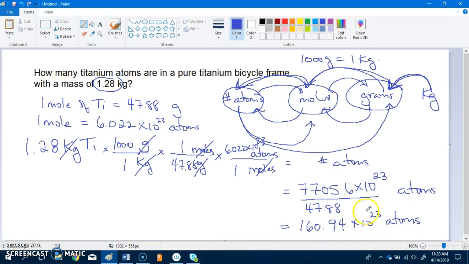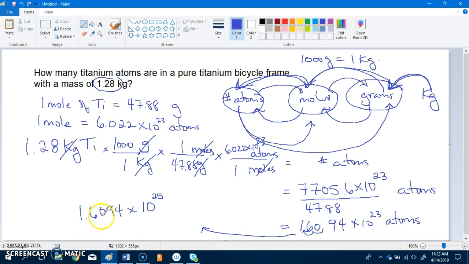Now, that is our answer, but it's not in correct scientific notation. In order to put it in scientific notation, there should only be one number in front of the decimal, and we have 3. So we're going to have to move that decimal over 2 spaces. I'm running out of space here, so I'm just going to go up here. So that changes it to 1.6094. And because I moved my decimal over 2, it means I'm going to have to add 2 to my power of 10.